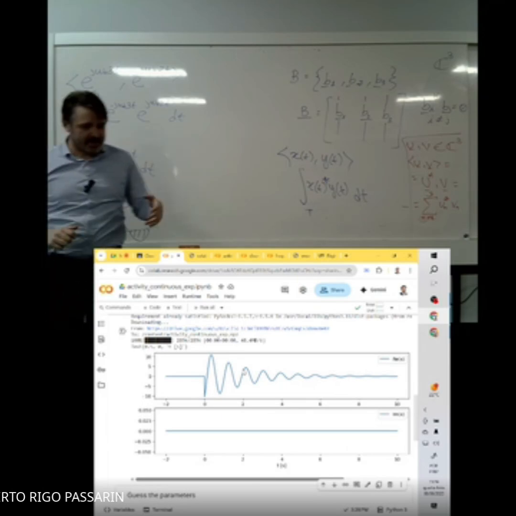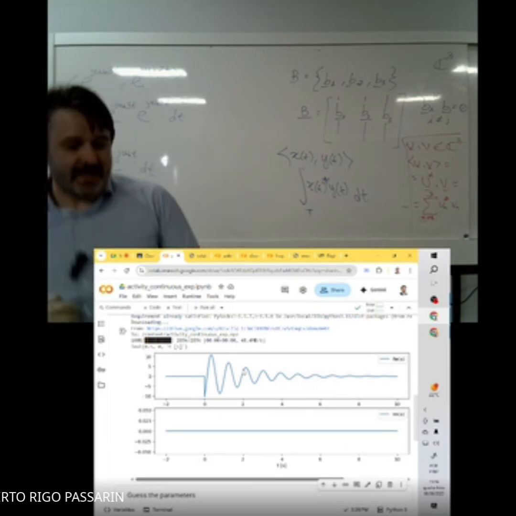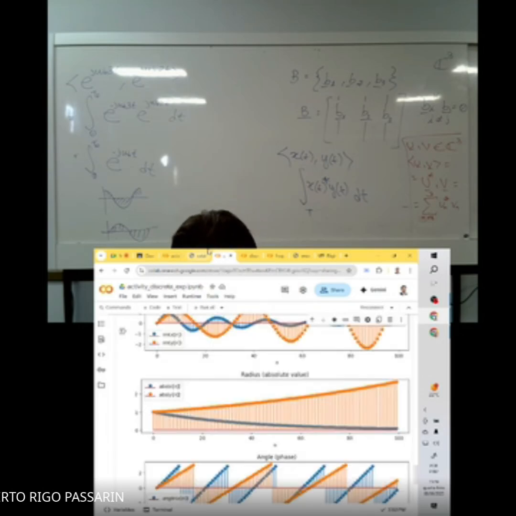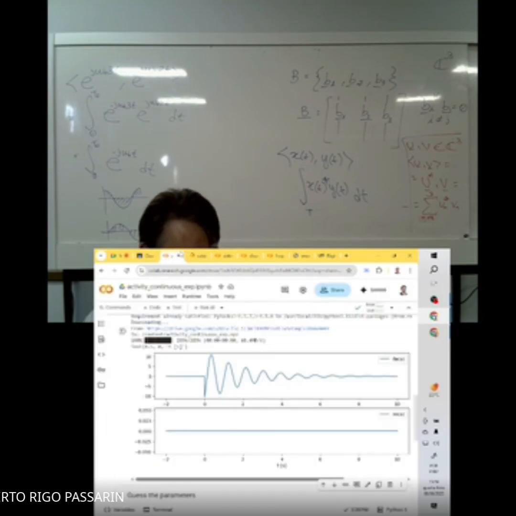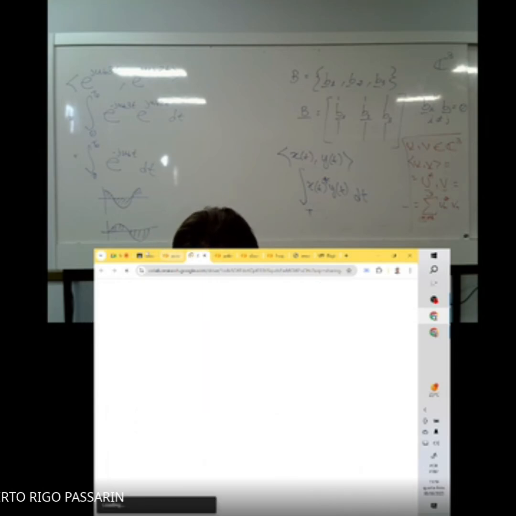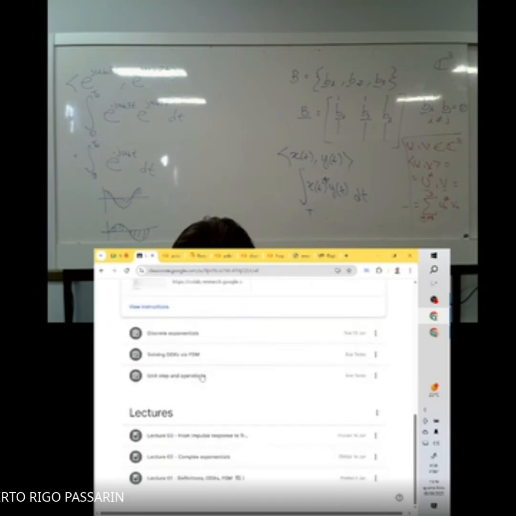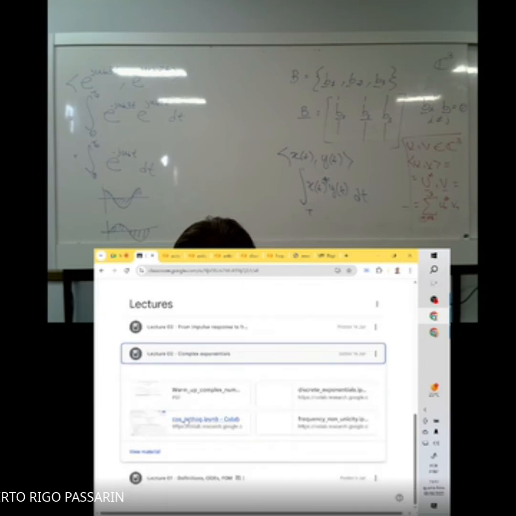Now let's go to the graphs and see that this is true for any phase, any period, any shift I give over the integration interval. Complex exponentials.